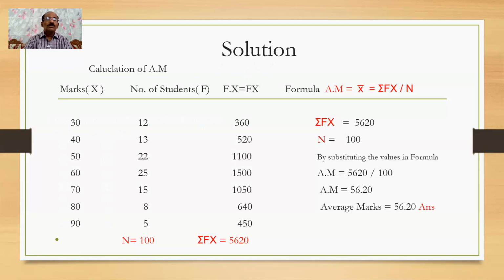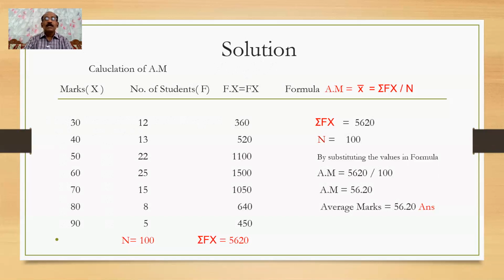What you have to do? You have to calculate the arithmetic mean. Just before in the steps, what I told, first you write the formula. Next, take the necessary steps to do the problem.